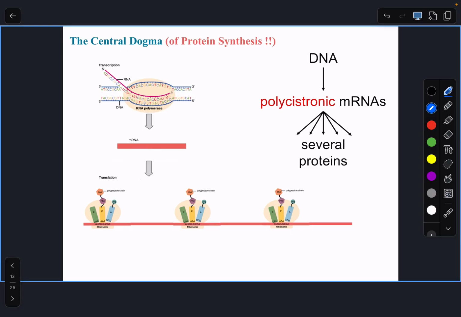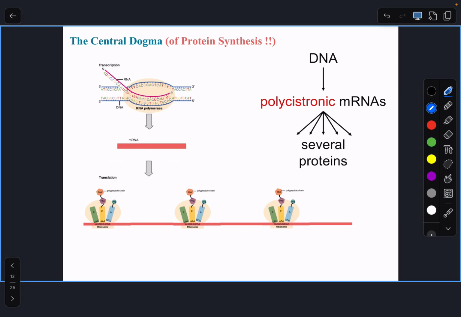So in the case of prokaryotes, bacteria, there's genetic information in DNA that gets transcribed into what we call polycistronic mRNAs. These are long mRNA molecules that have in them information to be translated into different proteins. Right?